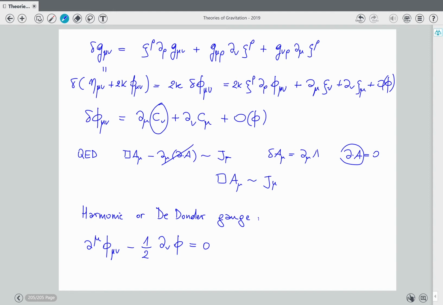But here you have 4 conditions, and so you can impose 4 conditions. And indeed these are 4 conditions, because this index nu is free. It's not contracted. You cannot impose more than 4 conditions.